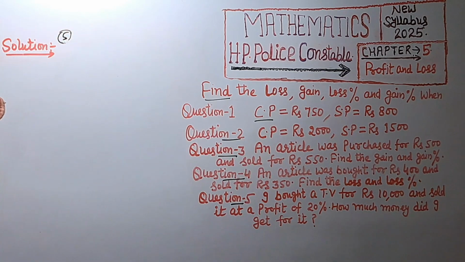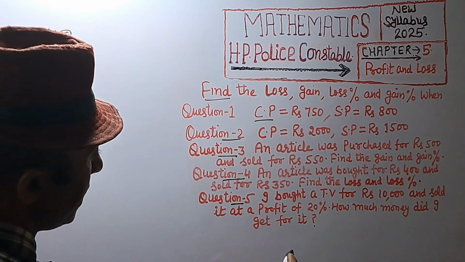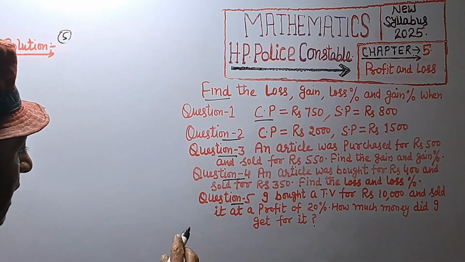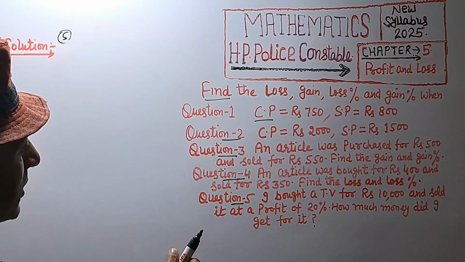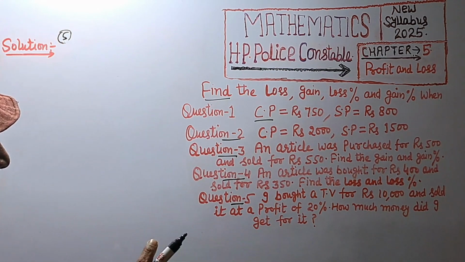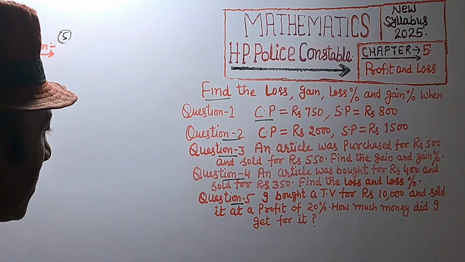Question number 5. I bought a TV for rupees 10,000 and sold it at a profit of 20%. How much money did I get for it?